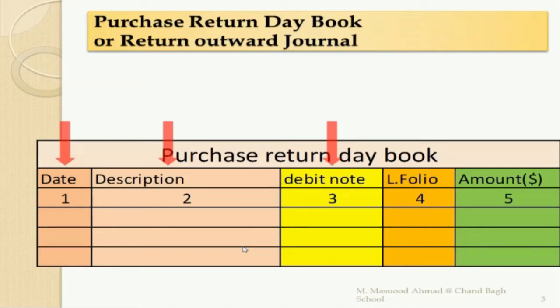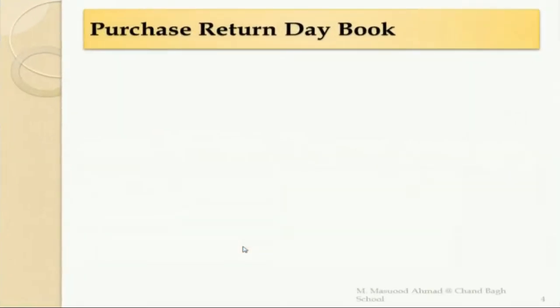That is the only difference between them. In the fourth column, we record the ledger folio number, and the fifth column is used to record the amount, the value of your transaction. So let's record the purchase return entry in your Purchase Return Day Book on the next slide.